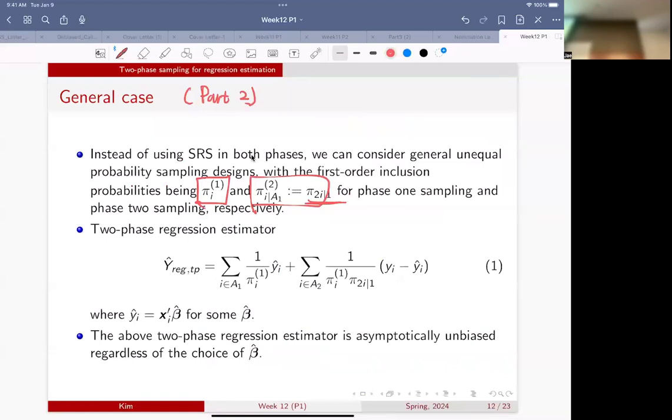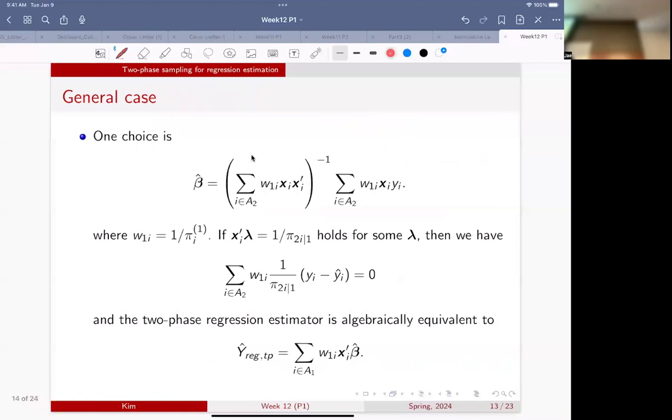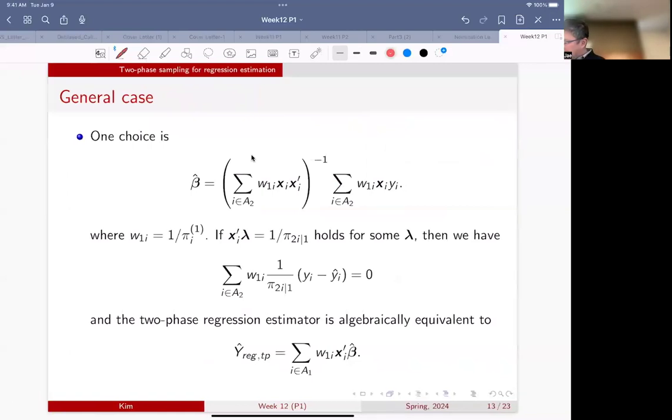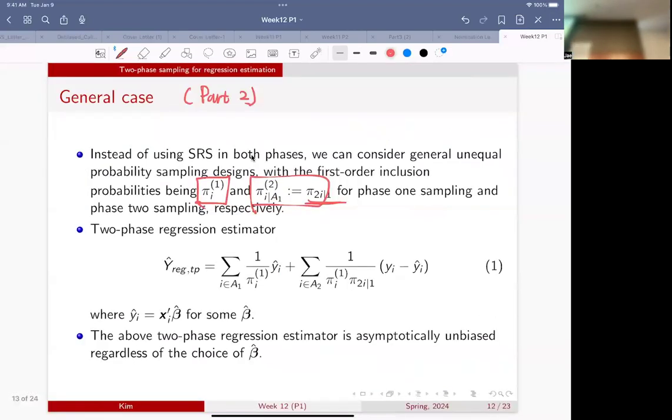we can apply the same idea and see that the uncertainty in beta hat can be negligible, right? Using the same trick. Now, that means you actually have flexibility, right?